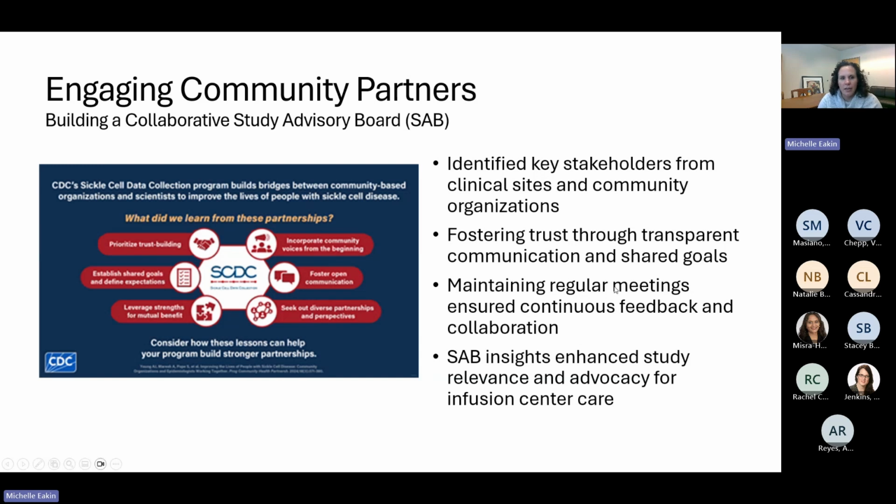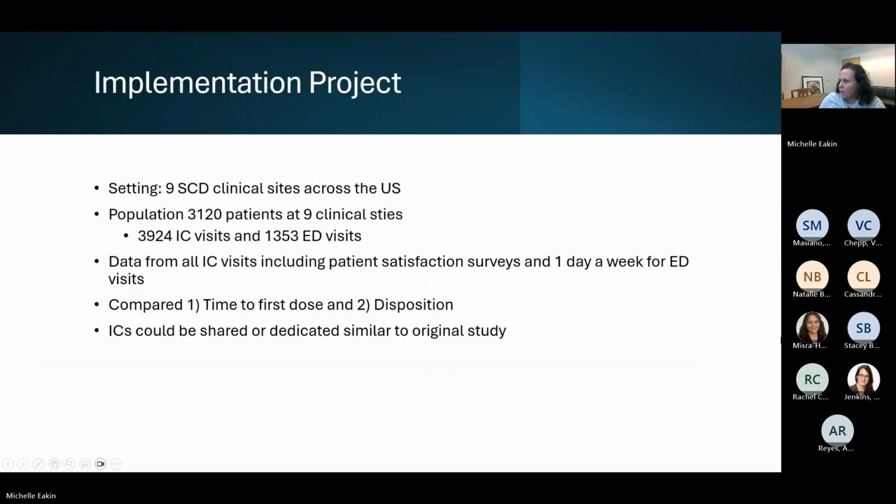The study advisory board's insight will enhance our study relevance and make it more appropriate and tailored to the context. In addition, we can provide data, findings, and results to help them increase advocacy for access to infusion center care. And so we became a true partnership where they were helping our studies, but we were also gaining them as advocates to increase adoption across the nation.